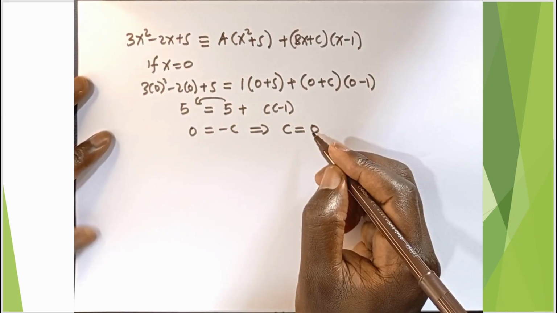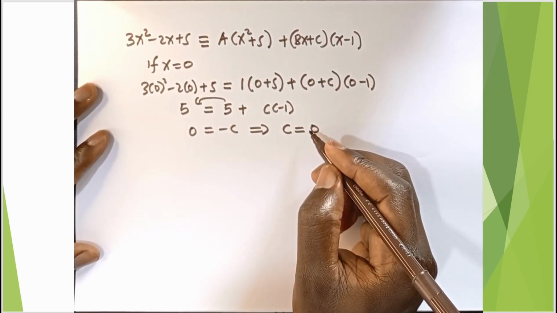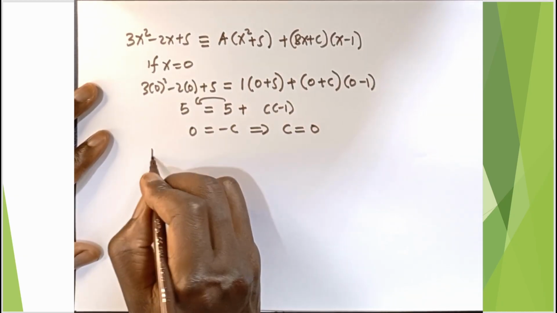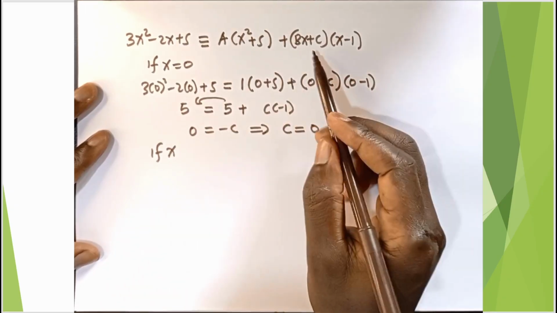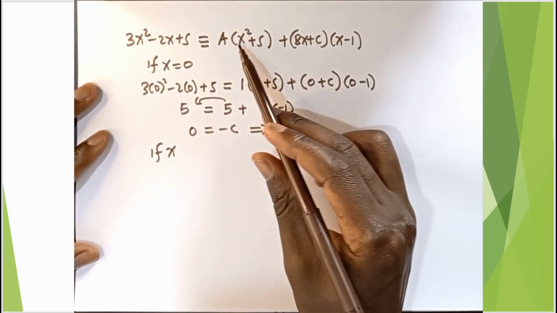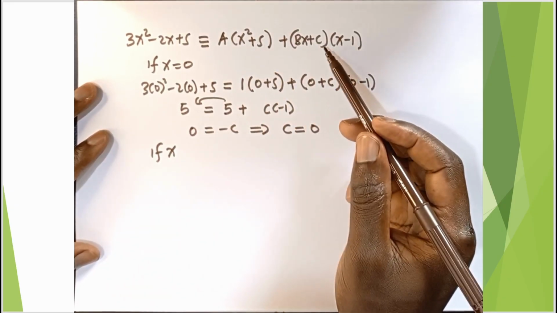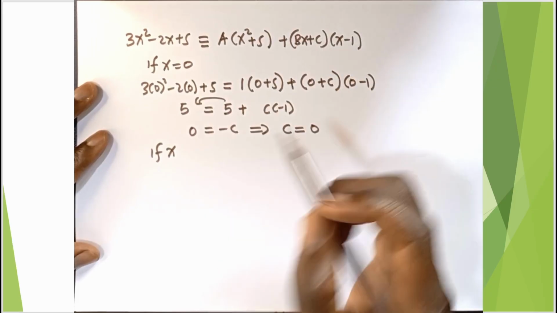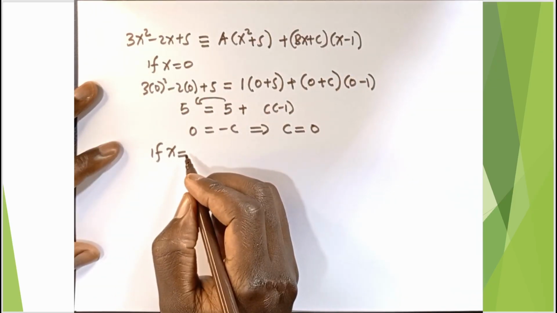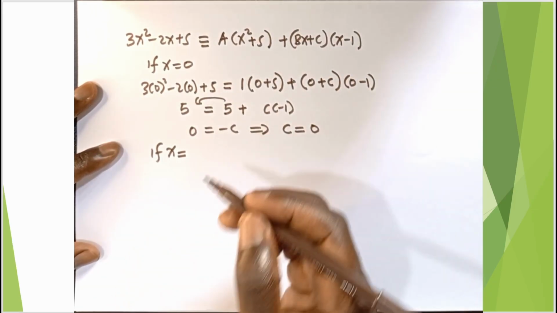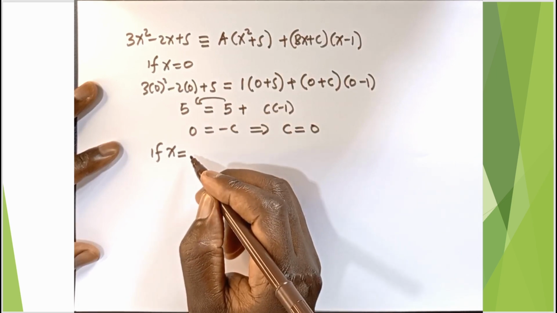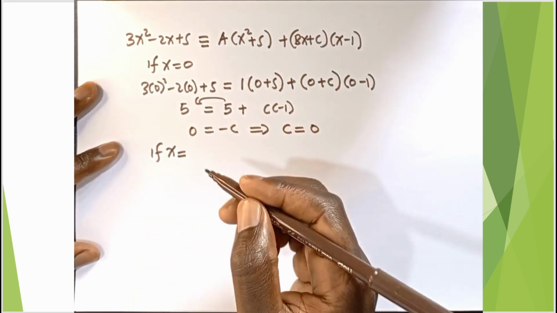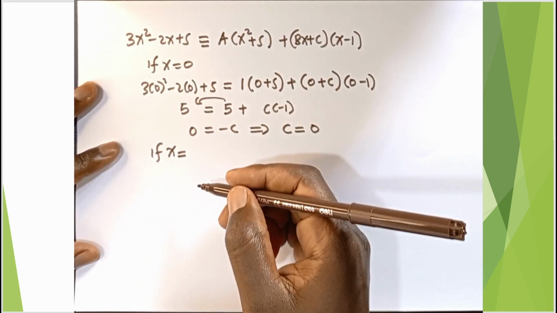So c is done. Now who is remaining? b. Now the values that can take c and A to 0 are not there, so what do we do then? We let x be a relatively small value. For example, if you pick 0 and 1, you can pick negative 1 or 2 or 3 or 4.